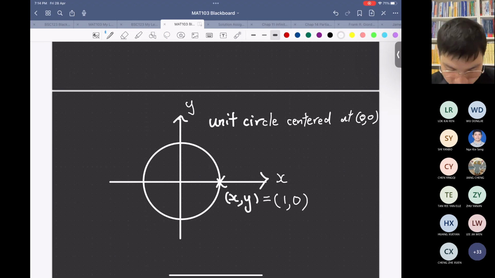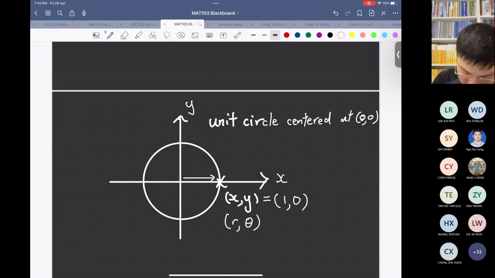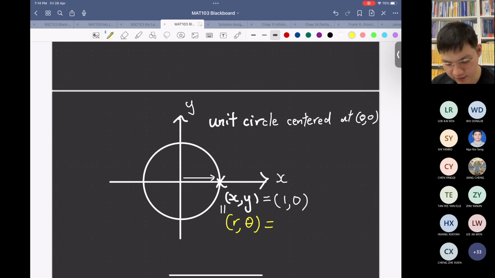But I can also describe it in another way using radius and angle. So I can use r theta to describe it. But these two are really the same point. So if I write it as r theta, maybe I change this color. A different way of writing it. So r theta is radius 1 and theta 0.